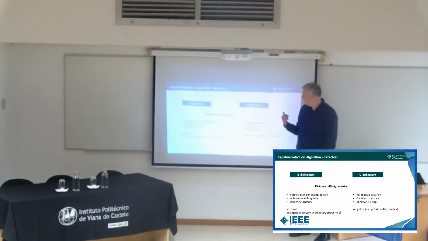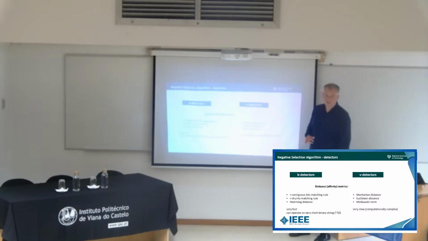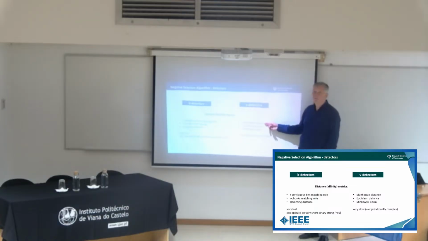When we use real-valued detectors, usually we use the Euclidean distance. Sometimes we can use Manhattan distance. The complexity of Manhattan distance is much lower than Euclidean distance. So when we need fast detection or a fast process of learning the system, then we use it, because in the Manhattan distance there is no multiplication.